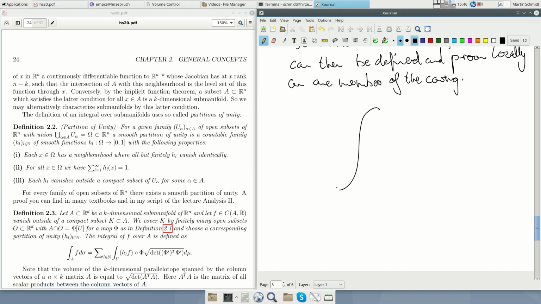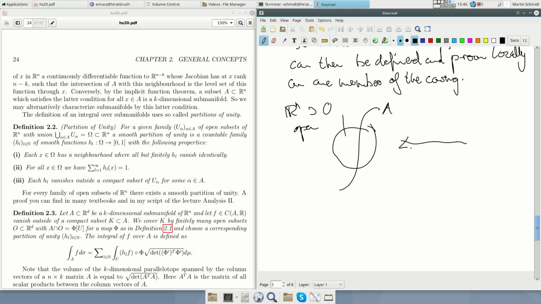Okay, let's recall the situation. We have this A. Now we introduce an open subset O, O in R^n open.